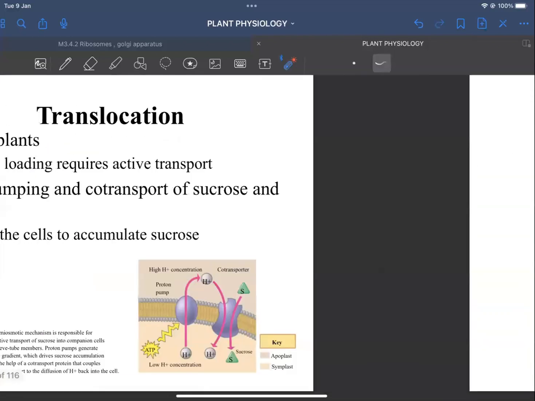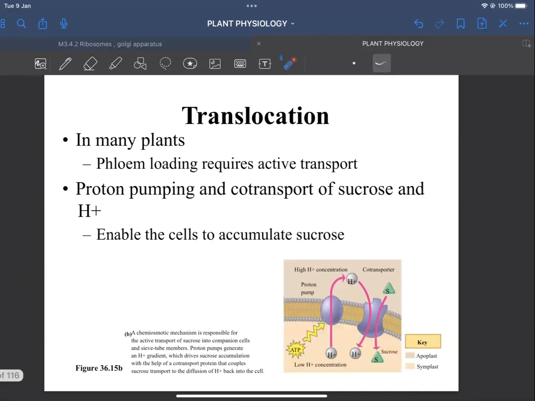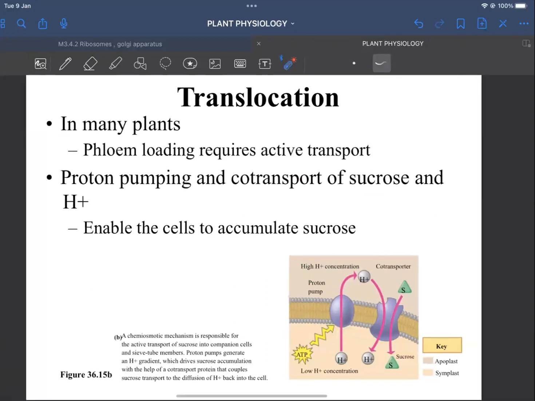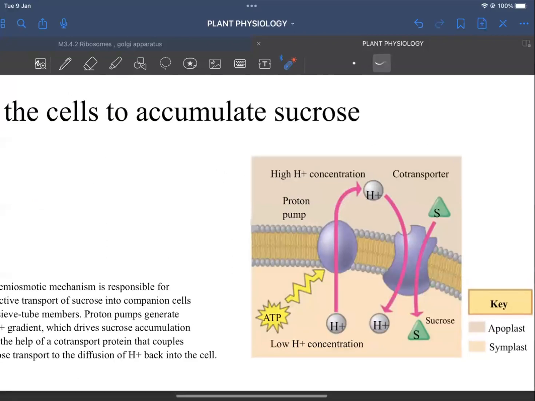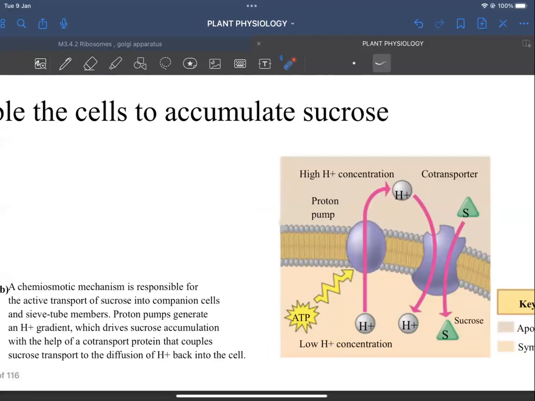In translocation, in many plants, phloem loading requires active transport because sucrose is going to flow from lower to higher concentration. The proton pumping and co-transport of sucrose and hydrogen ions is going to enable the cells to accumulate sucrose. So a chemiosmotic mechanism is responsible for the active transport of sucrose into the companion cells and sieve tube members.